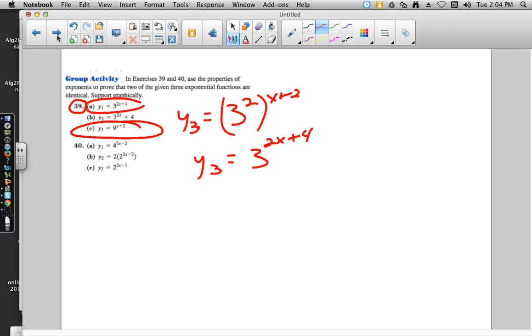And you could certainly punch those two into your calculator just to double check. That's what we're using our calculator for more and more now anyway, is just to double check and make sure that those are going to be the same. So y sub 1 is the same as y sub 3. There we go.